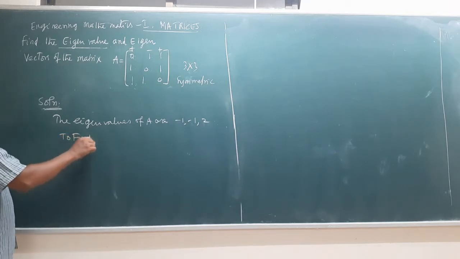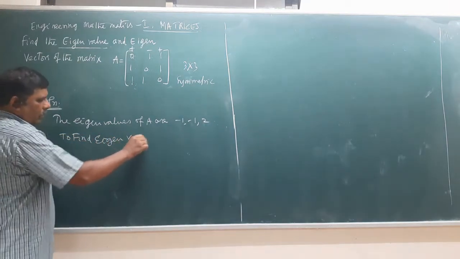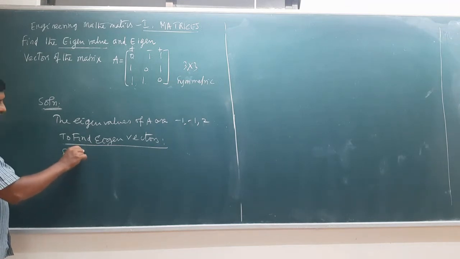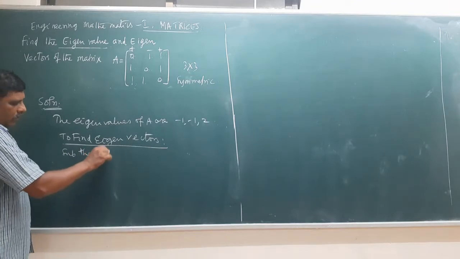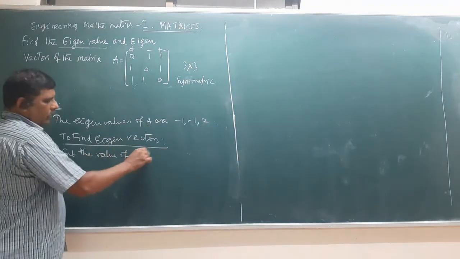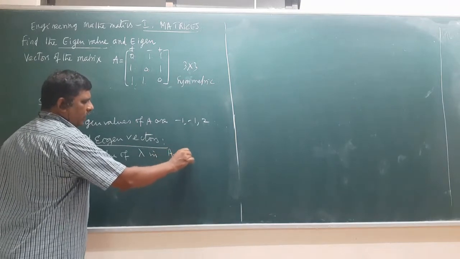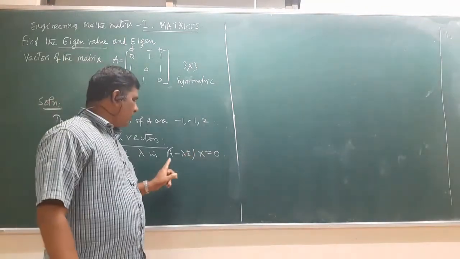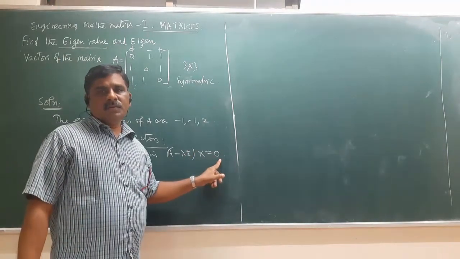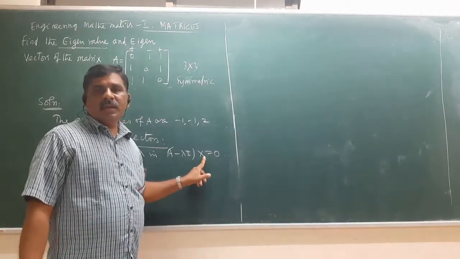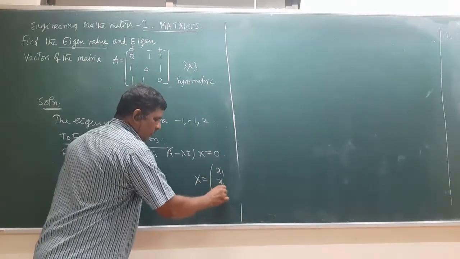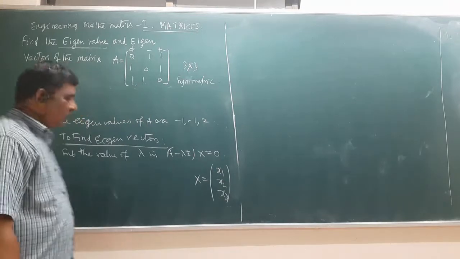To find eigenvectors, substitute the value of lambda in A minus lambda I into x equal to 0. You have to substitute the value of lambda in this equation, A minus lambda I into x equal to 0. X is the non-zero eigenvector. For the 3 by 3 matrix, what is x here? X is x1, x2, x3.